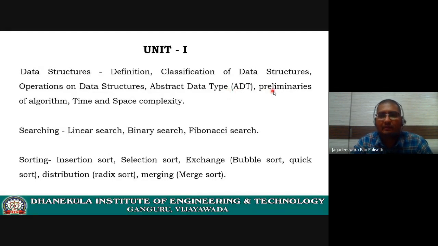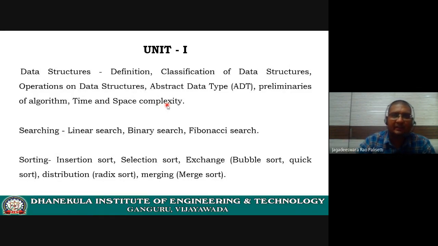Then preliminaries of algorithm, what is meant by algorithm, and what requirements we need to identify in order to write an algorithm. Then we will go for time and space complexity, a very important concept. How much time it will take to access data in a stack data structure, or how much space is required to perform some operation on a stack data structure.